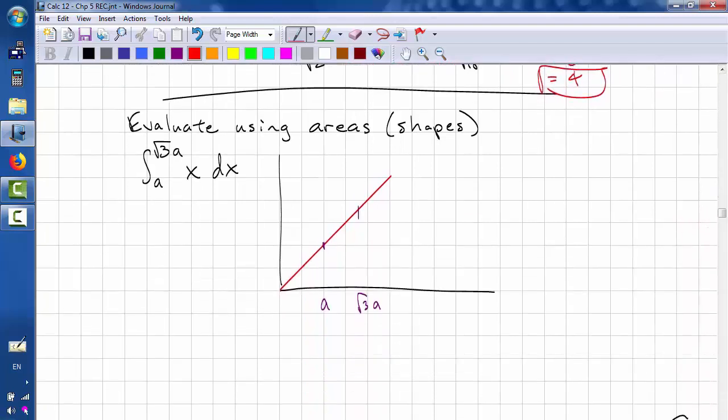Here we have a line. We're evaluating from a to √3a of x dx. So here's a, here's √3a. And if we go across, this is a, and this is √3a. Okay, this shape is a sideways trapezoid.